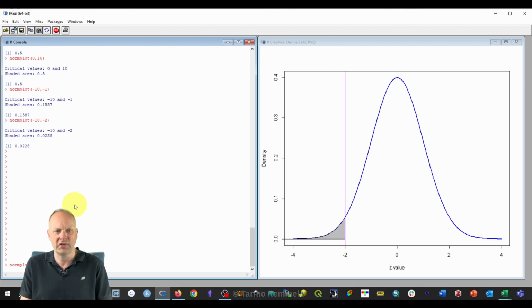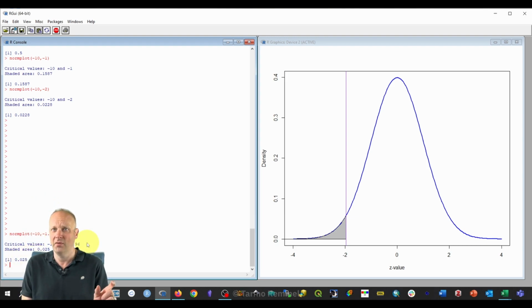So one of the classic things that we see is negative 1.96, and we see that about 2.5% of the distribution is in the tail, and the remainder then will be not in the tail of this distribution.